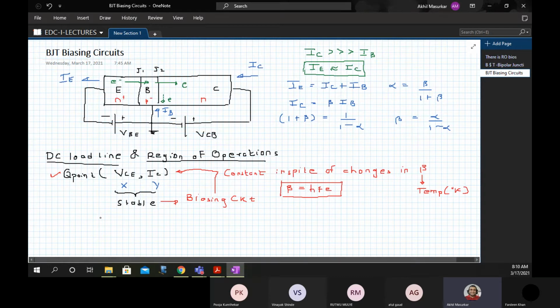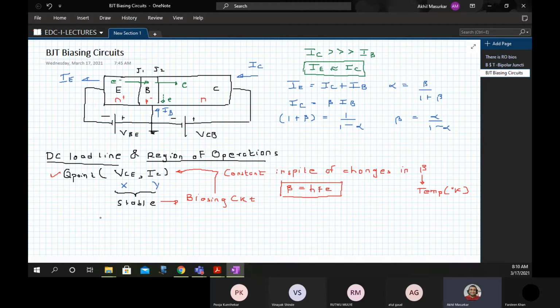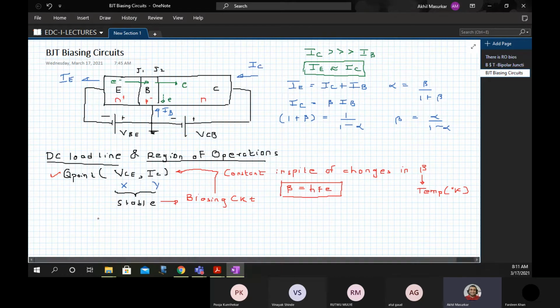The best bias circuits have the greatest stability, that is, they hold the currents and voltages substantially constant regardless of the variations in beta and the temperature.